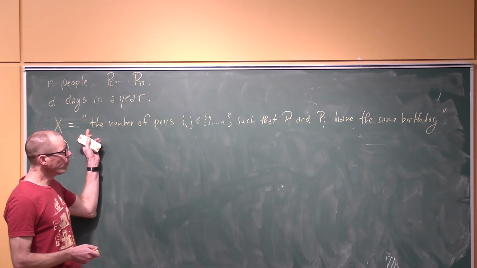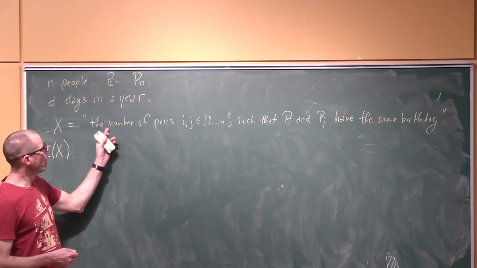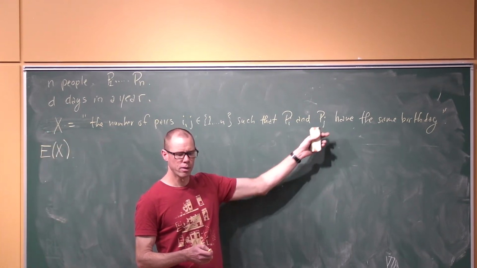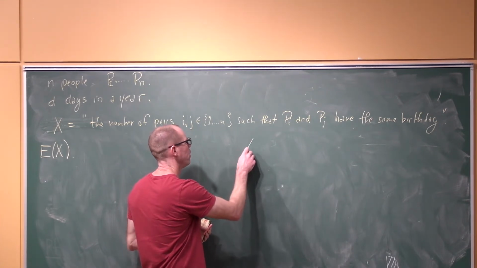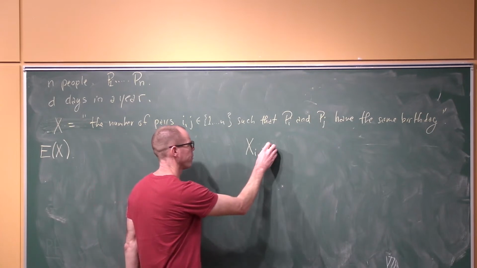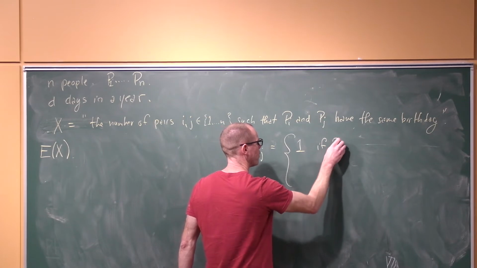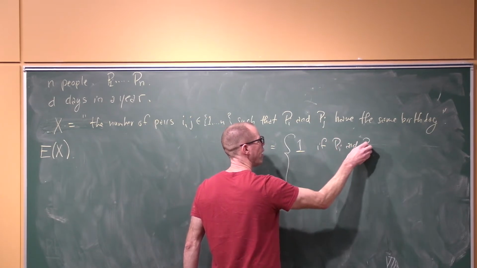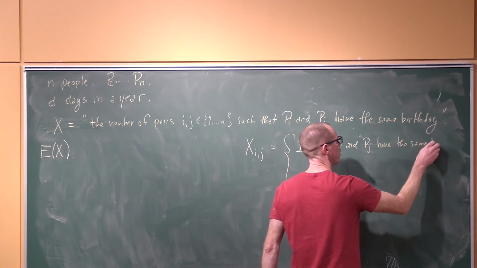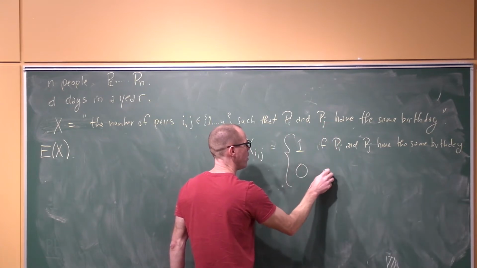And here we can almost read it off of this thing. It's the number of pairs ij such that pi and pj have the same birthday. So let's just say we'll define an indicator random variable Xij, which is equal to 1 if pi and pj have the same birthday, and it's equal to 0 otherwise.